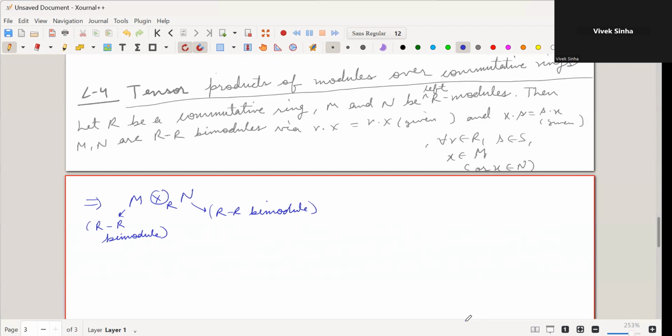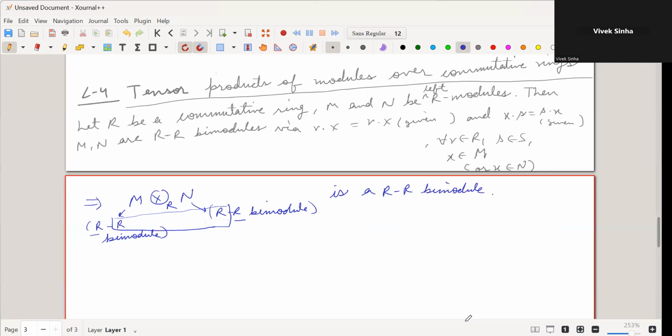So this R and this R will be absorbed, and we will have just this and this. So M tensor N is an R-R bimodule.